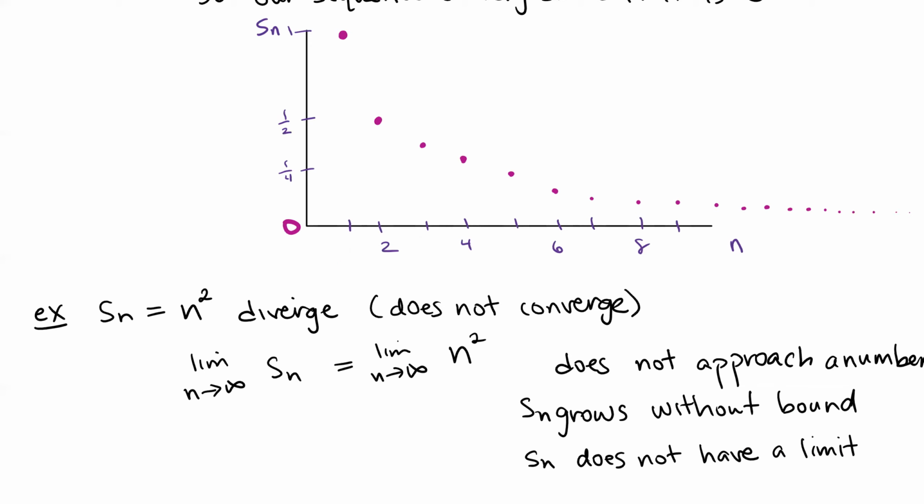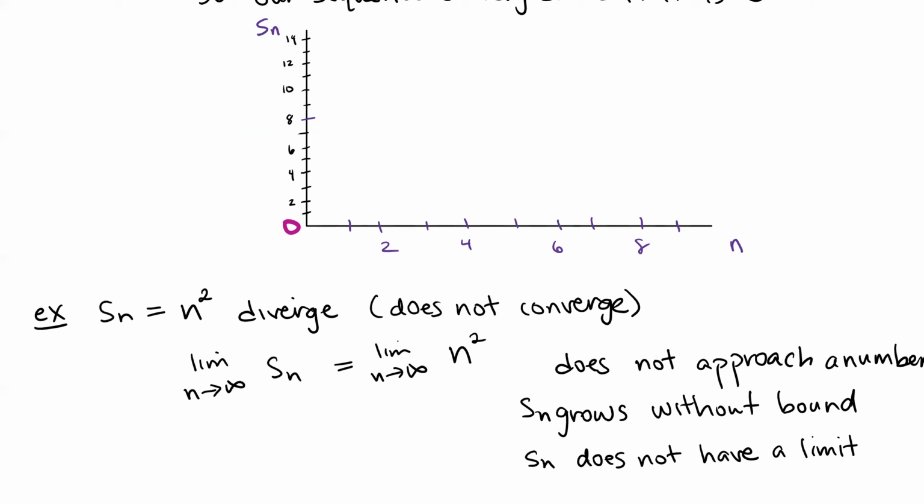Now, if we wanted to make a nice pretty little plot, we can do that as well. So let's put in Sn, and then let's add in some marks on the y-axis. So maybe we've got 2, 4, 6, 8, 10, 12, 14.